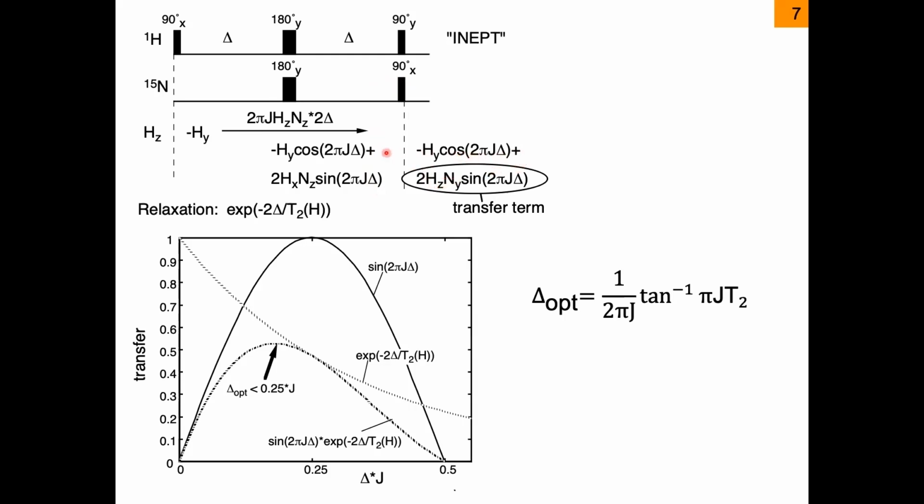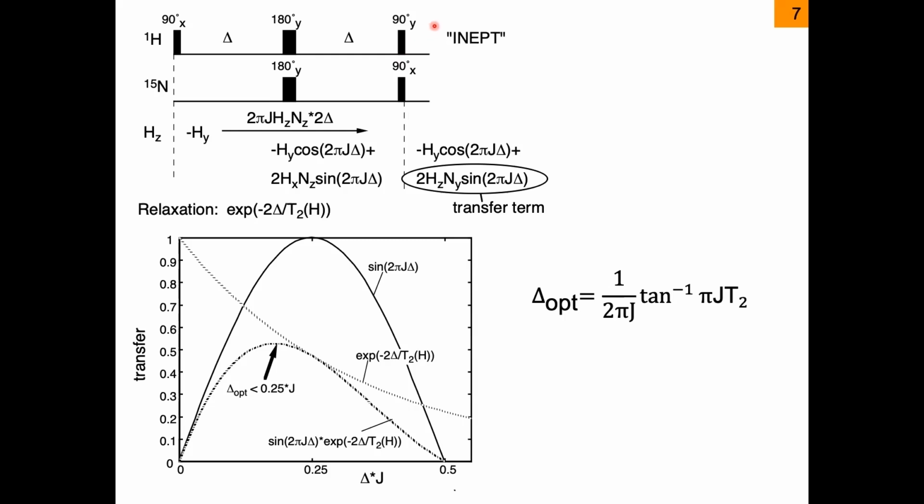And when you look at the remaining term, this minus HY term, that does not really interest us. It feels a 90-degree proton Y pulse, and that doesn't do anything. You rotate around the Y-axis, so it stays. And then usually you kill this nowadays with a gradient. Transverse magnetization just gets dephased by a gradient.